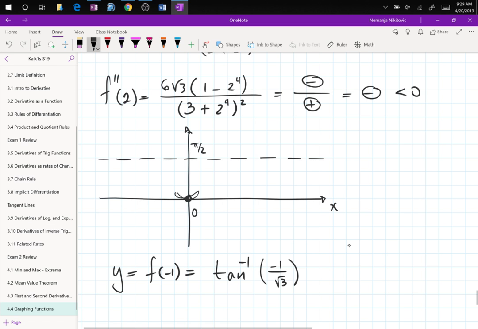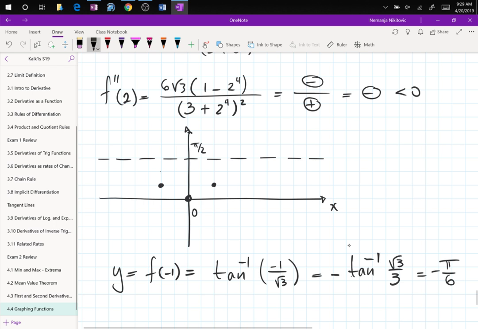If you rationalize this, the root 3, and you kick the minus in front because inverse tangent is an odd function, you get negative inverse tangent of root 3 over 3. Now, root 3 over 3 gives us negative pi over 6. So pi over 6 is a third. So those 2 points should be somewhere there.